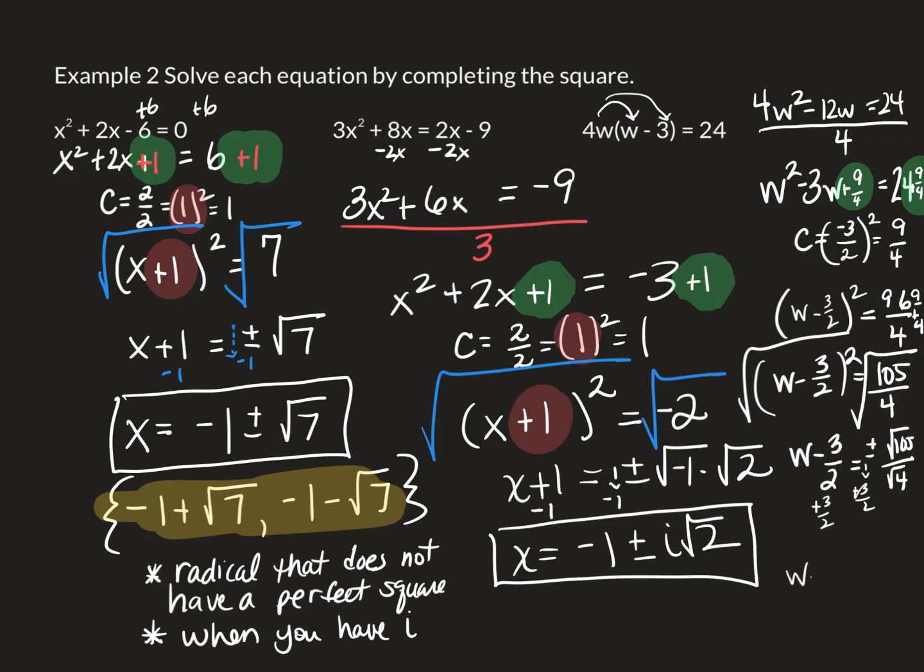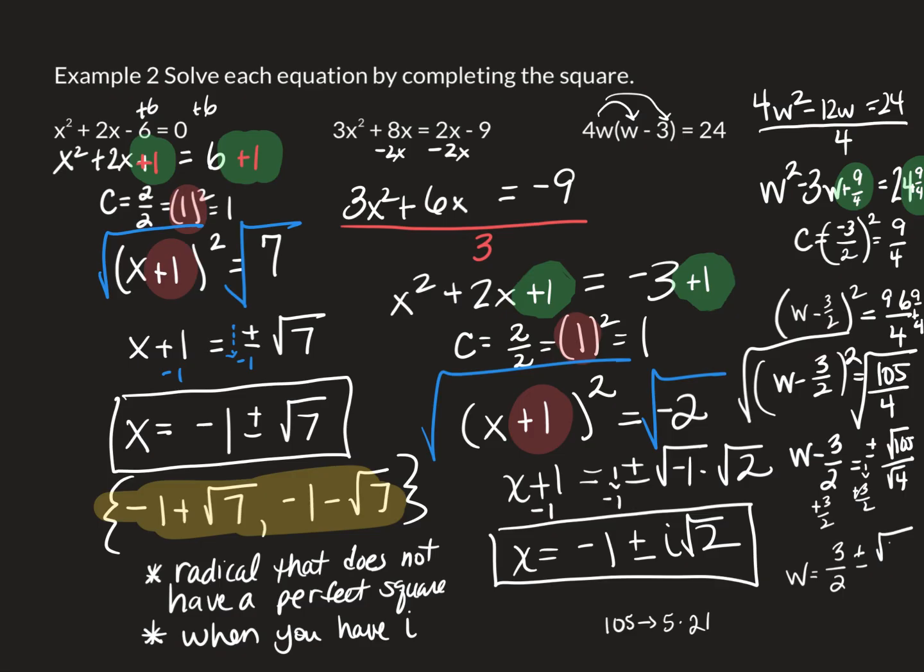So w is going to equal 3 over 2 plus or minus the square root of, let me think about 105 for a second. 105 is 5 times 21, and there's not a perfect square. 21 is 3 times 7, so there's not a perfect square there.